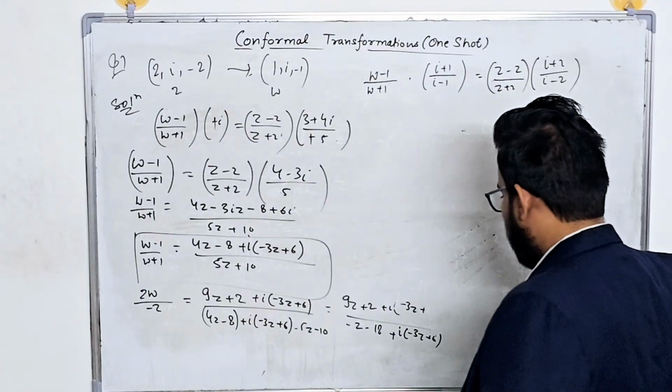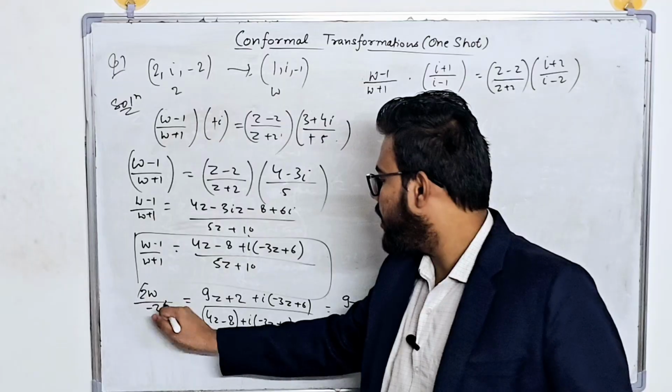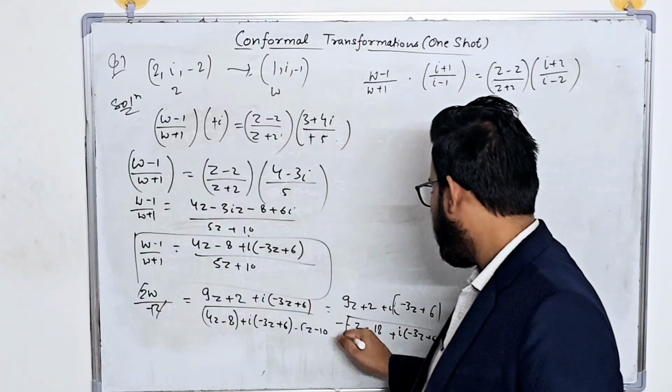So what we had got over here, plus 6, right? This and this get cancelled.